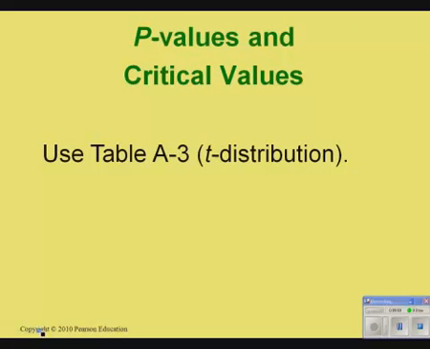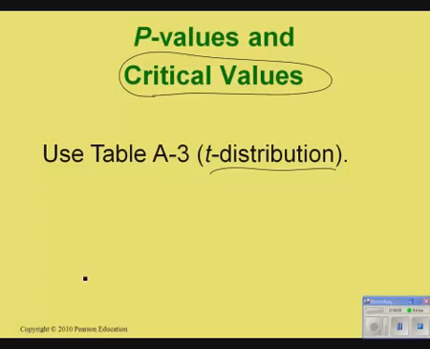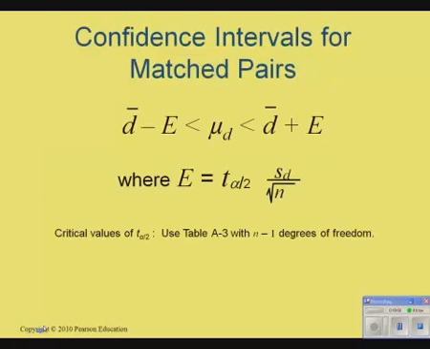P-values and critical values. You know how to do that, right? I guess we're happier with critical values when we have the t distribution. Use table A3 in the back, right? Confidence intervals. So I guess here's another formula. We know what confidence intervals look like, right?